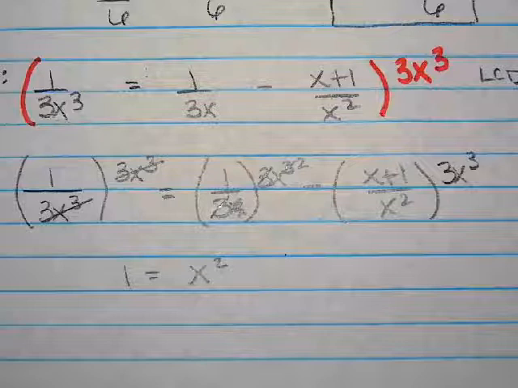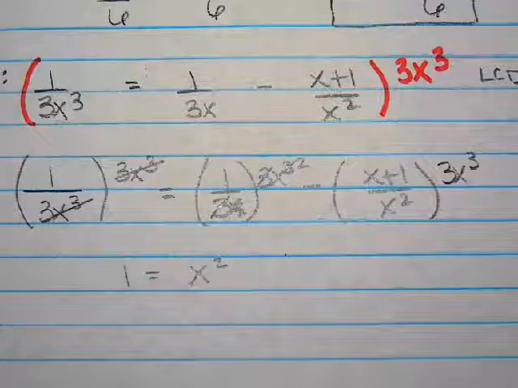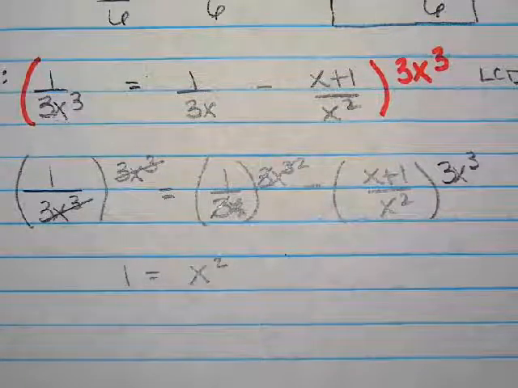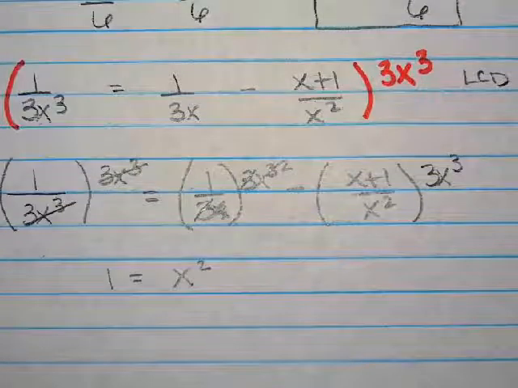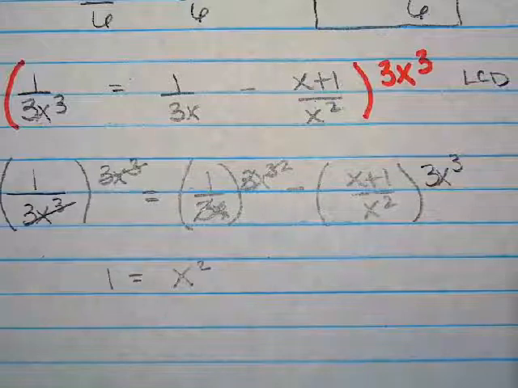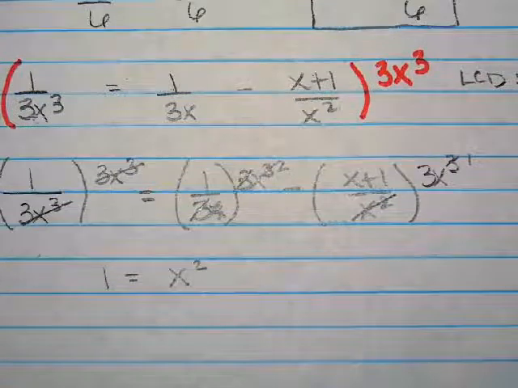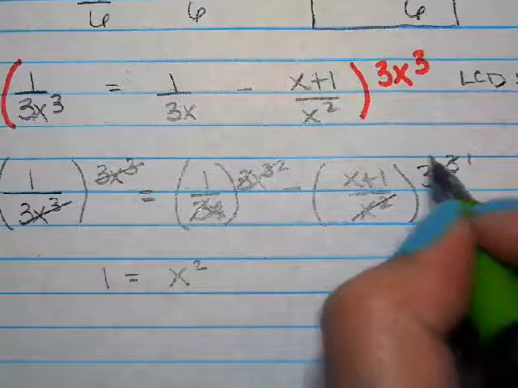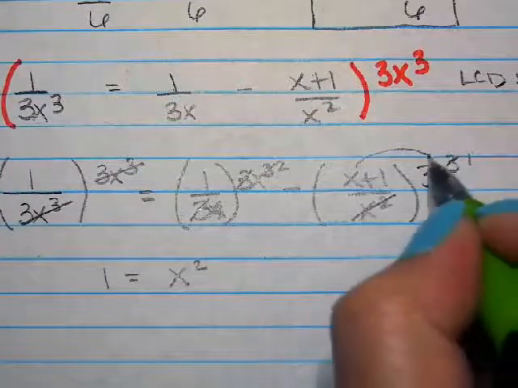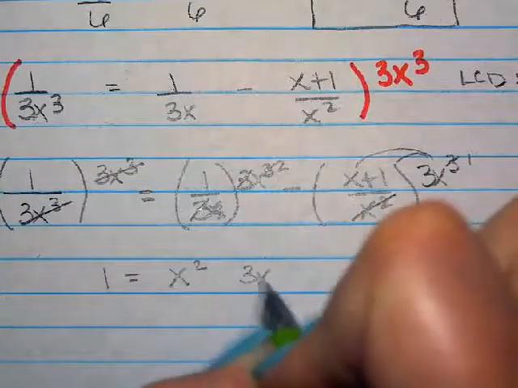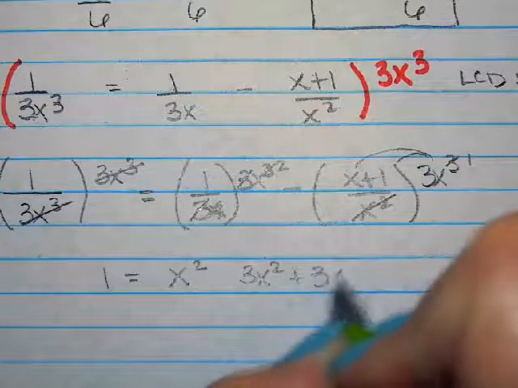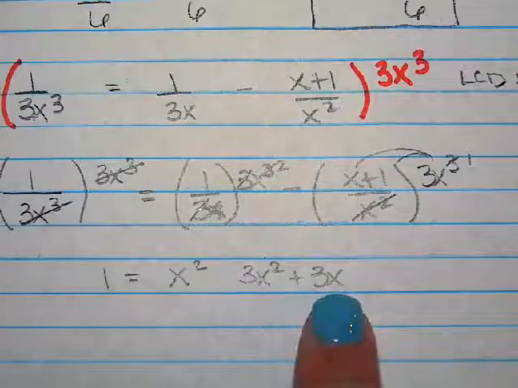All right. And then what about for the last piece? What happens there? What cancels? X squared cancels. And then what do we need to do? Take the x plus 1 times the 3x. So we get 3x squared plus 3x. And then what should I do with this? Okay, put a negative in front of it.